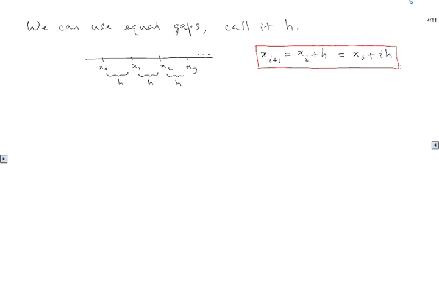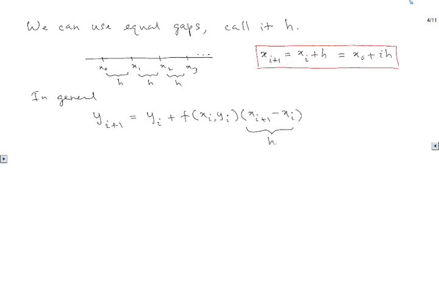So what's the general formula going to be? In general, your y i plus 1 step is simply equal to yi plus f(xi, yi) times (xi plus 1 minus xi), but you know that this gap is simply h.